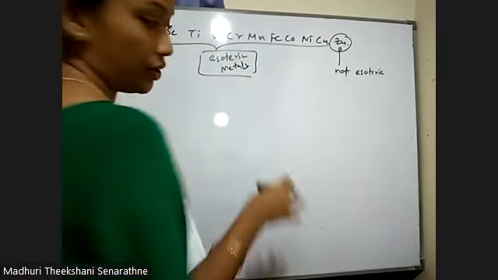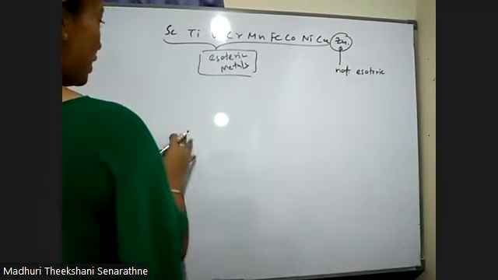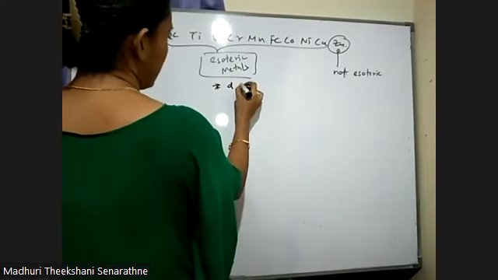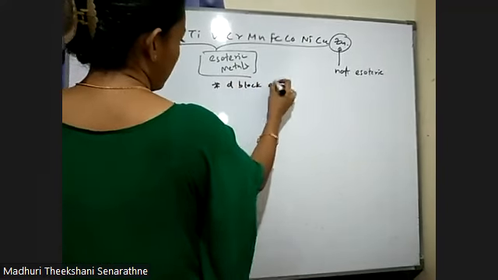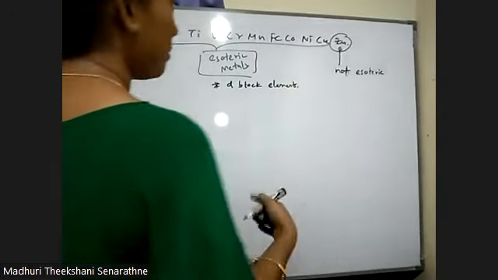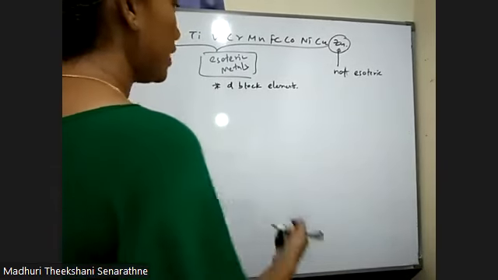What is the point for considering them as esoteric metals? Definitely, all should be D block elements. Therefore, metals like magnesium and beryllium we can easily ignore.